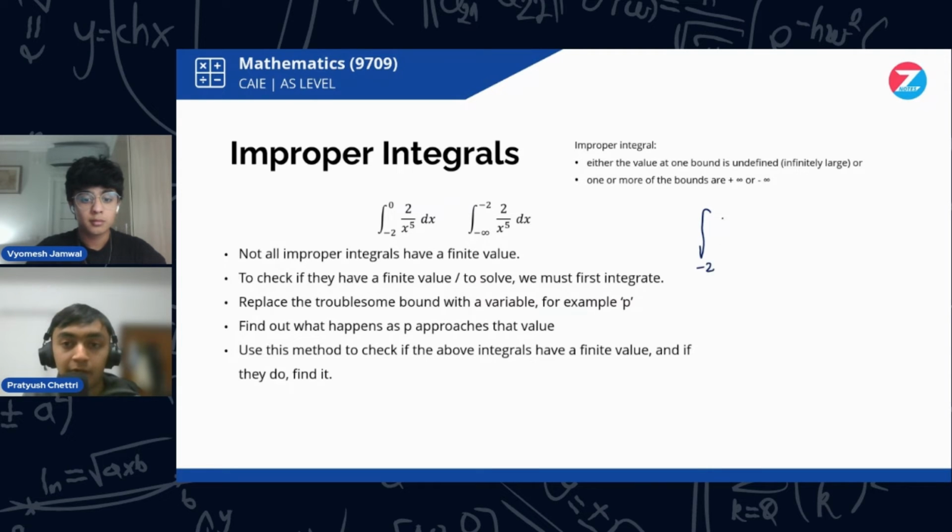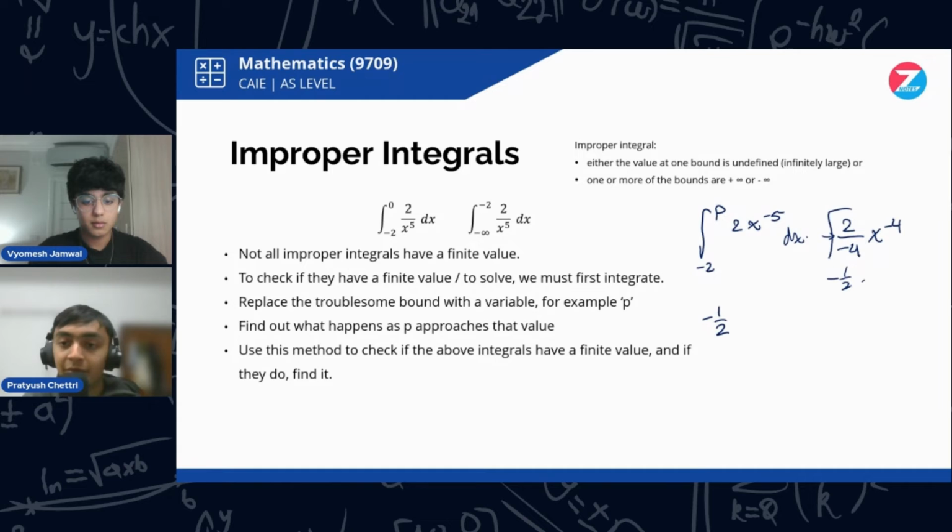Let's go from -2 to 0. First I'm going to integrate this. I can see that 0 at the bottom of the fraction is going to make a little issue there. So I'm going to replace 0 with p. The integral of 2x to the power -5 dx gives me 2 by -4, x to the power -4, and 2 by -4 is like -1 by 2 x to the power -4.